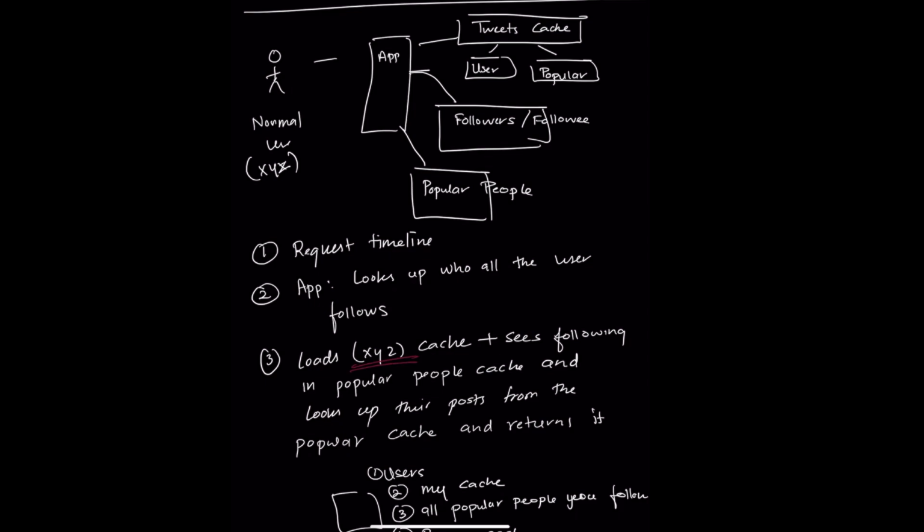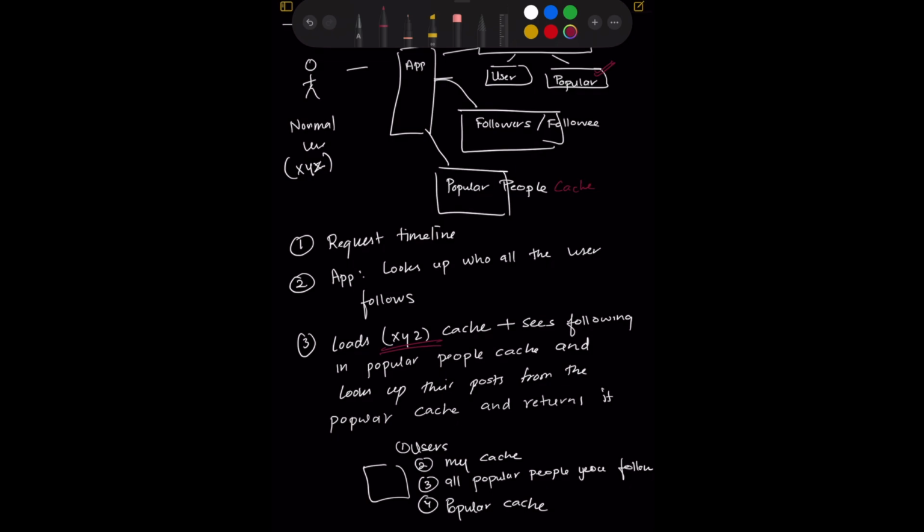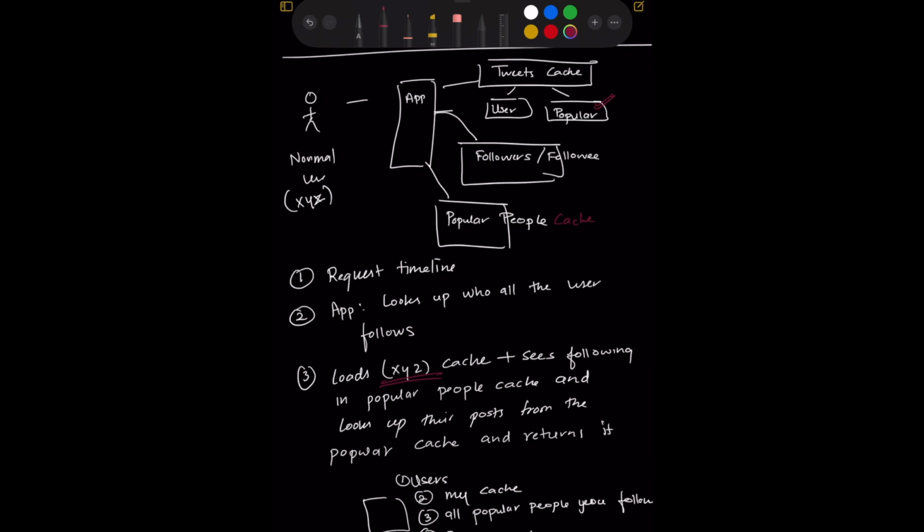Plus it also sees all the popular people that XYZ follows, and for those loads the popular people's posts from the popular people's cache and gives it to the user. So there are a few steps: request, look up the users that this person follows, load their cache, then look up the popular people this person follows, and fetch the popular posts from the popular posts cache.